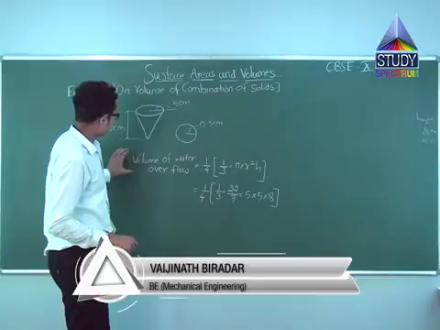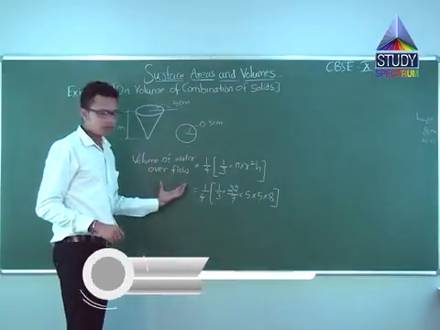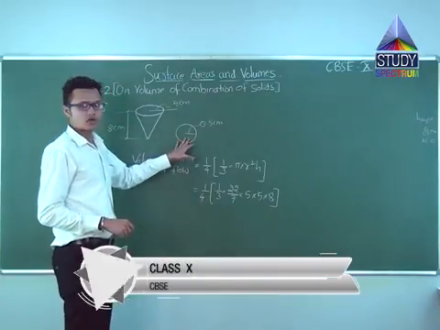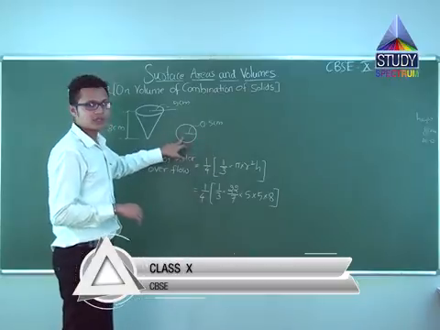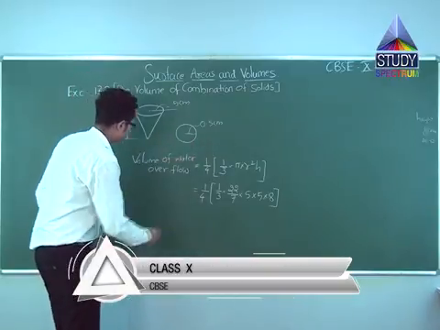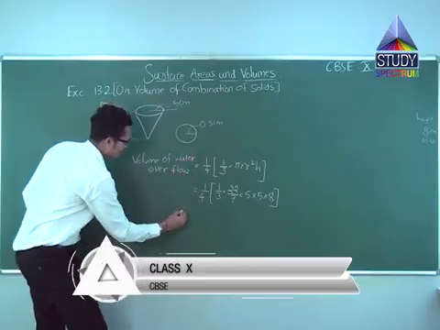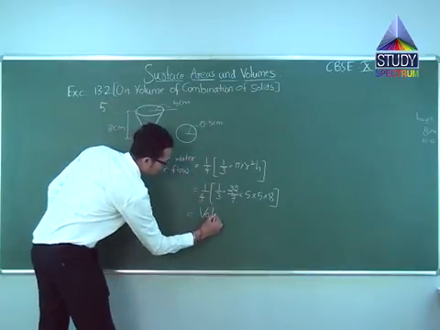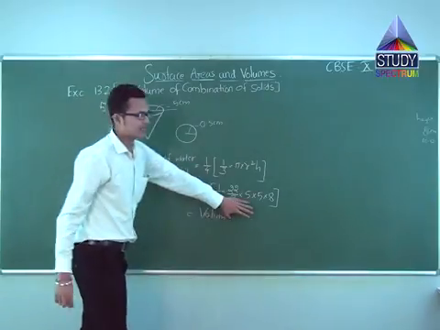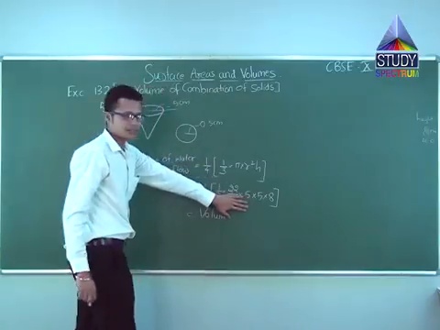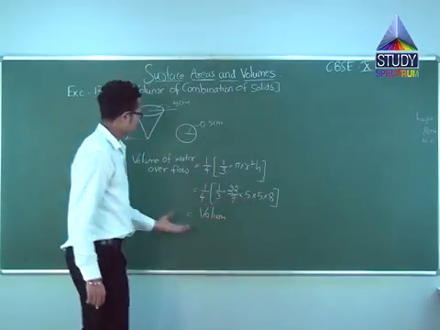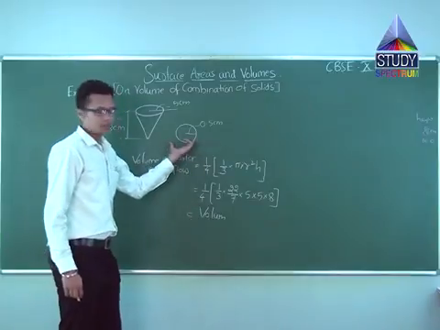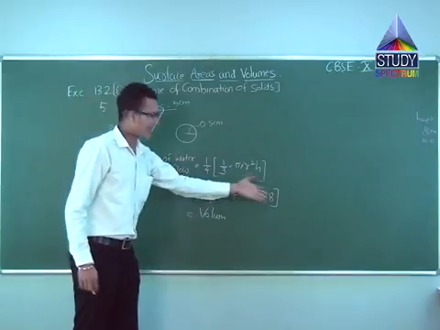So therefore, volume of the water overflow is equal to the number of such shots multiplied by the volume of the solid sphere. For now let's keep this calculation simple as it is. Maybe when I'm equating, some terms might cancel out.